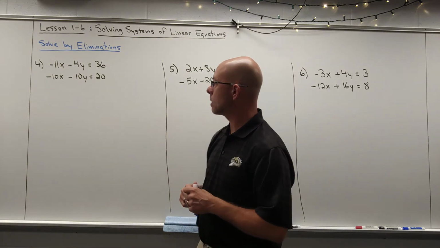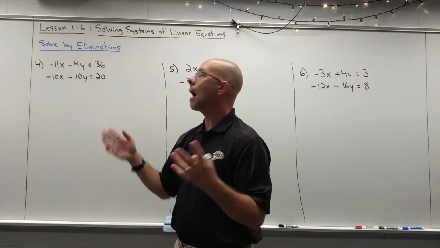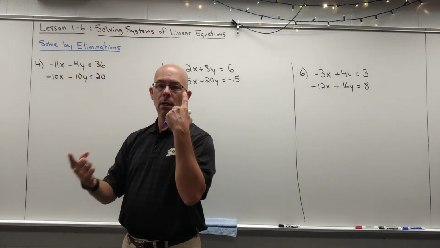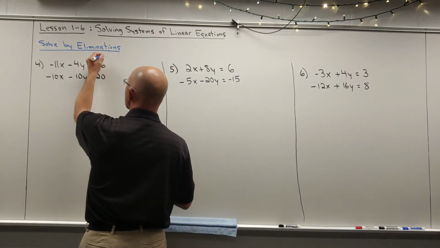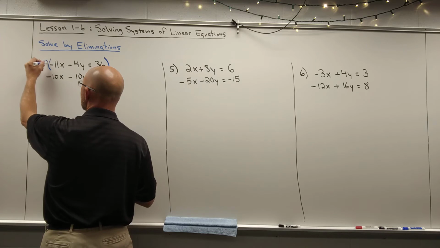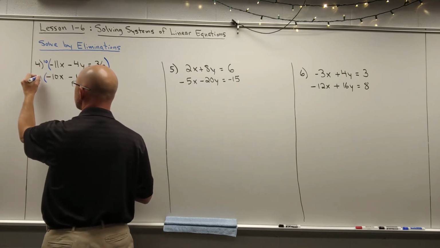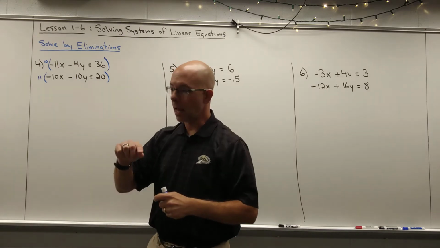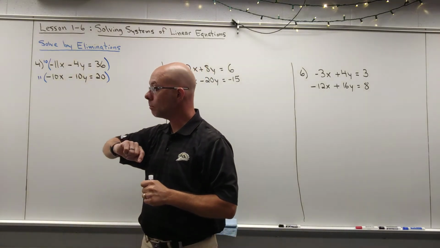I'm going to take the option that's probably least favorable just to show you it works anyway. I'm going to do the x version of alternating and using the 10 and the 11. So, I'm going to multiply everything in this equation by 10, everything in this equation by 11. Now please understand, I have to make one of those negative. Okay?